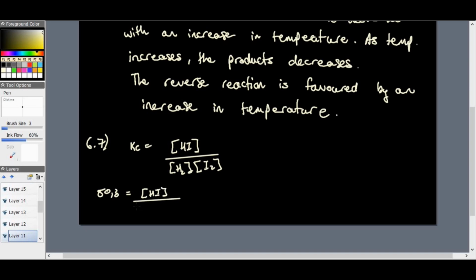But we do know that hydrogen was 0.46 and iodine was 0.39 respectively. So we multiply both sides by this product here, and therefore the concentration of hydrogen iodide is going to be equal to the equilibrium constant, which is 50.3, multiplied by 0.46 times 0.39.